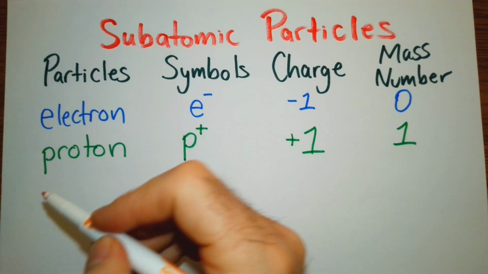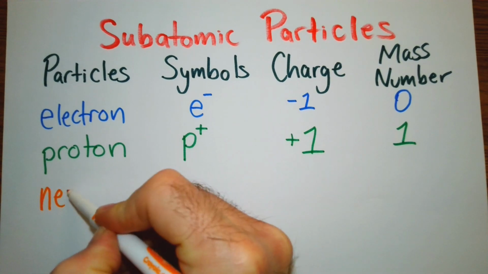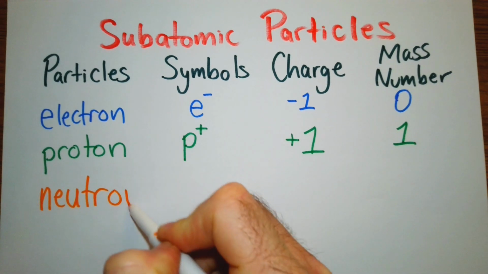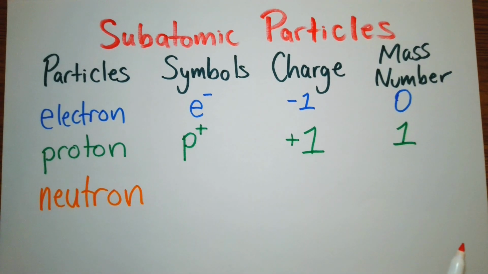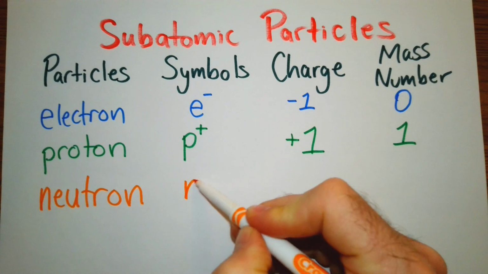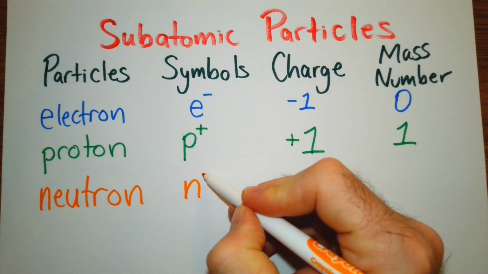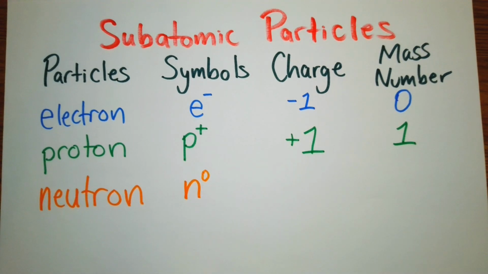Finally, the neutron. It has a symbol of a lowercase n with an exponent of 0. I believe that's called n naught.